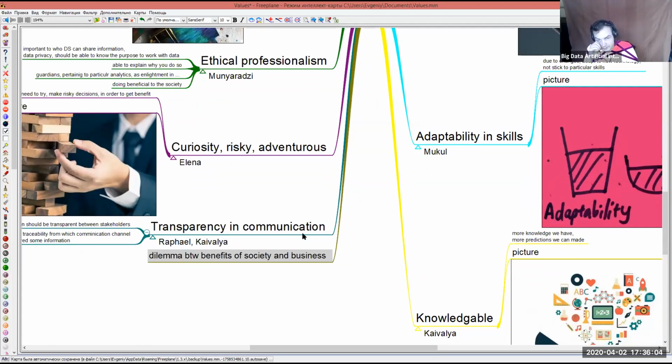Okay, a dilemma between benefits of society and business. And this is how the business can get profits without aligning to some general values, also general aims.